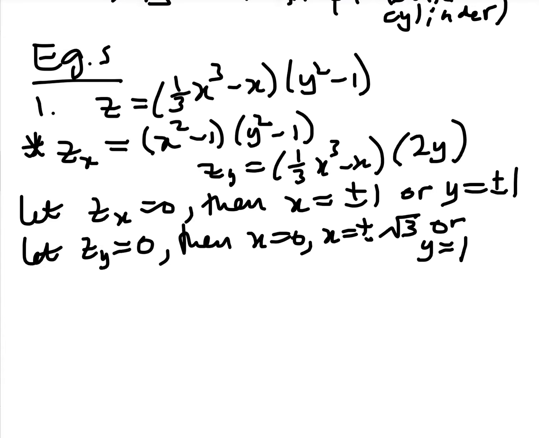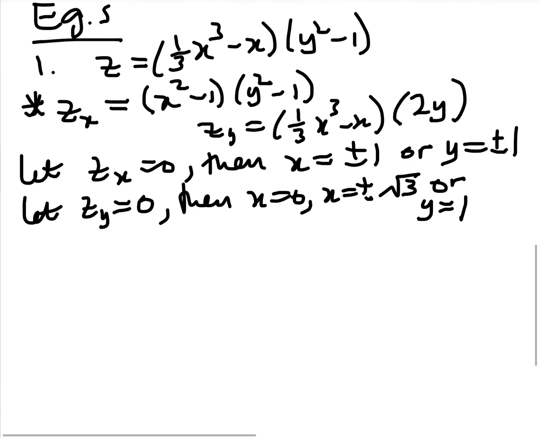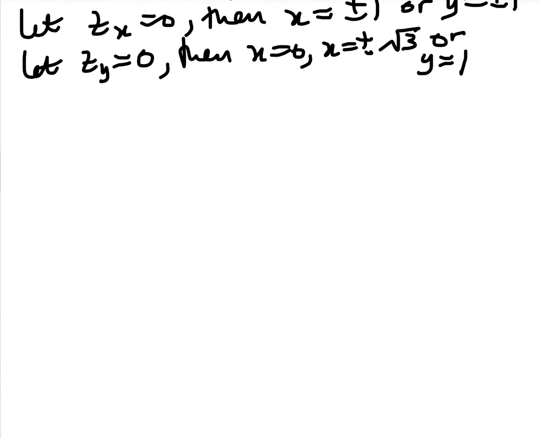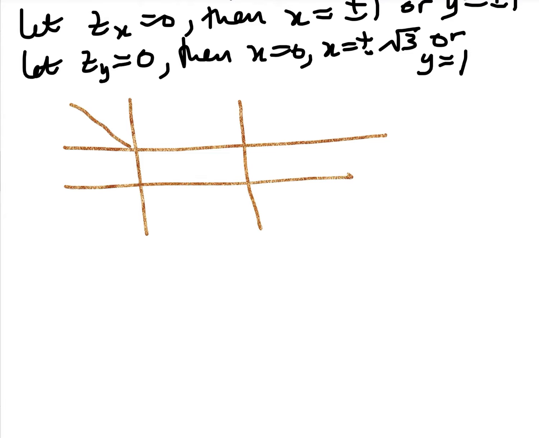Right, now we need to classify these. So in this case it is actually quite convenient to draw a little table, in which we look at the possible scenarios. So suppose in this first case we have zx equal to 0, and on the vertical scale we classify zy equal to 0. So when zx equals 0, x equals plus or minus 1, or y equals plus or minus 1.